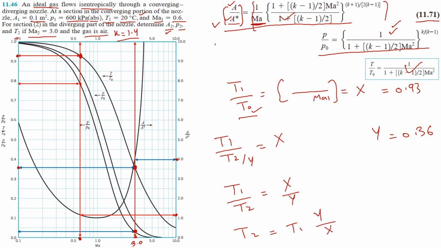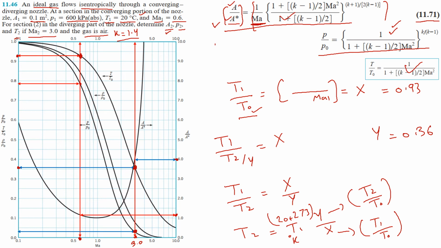One thing that we have to do is to convert the temperature into absolute temperature by adding 273 to it. So this will be our T1, and it will be in kelvins. So y is again our ratio T2 over T naught, and x is our ratio T1 over T naught, and I know their values.